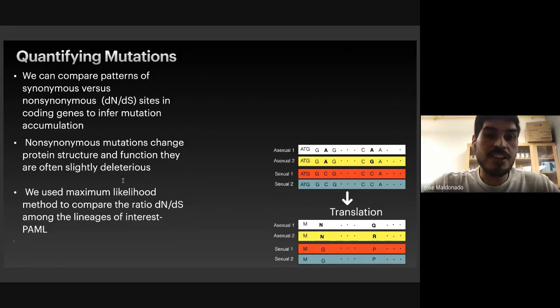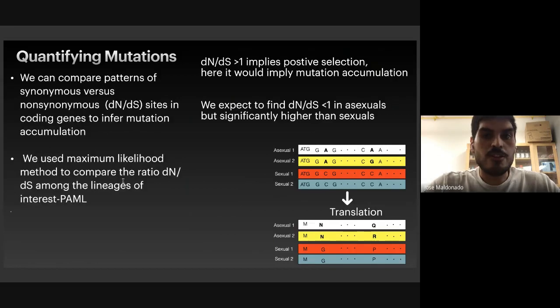So if selection is weakened within the asexual lineages, we should see a quick buildup of these types of mutations, but we shouldn't see them in the sexuals. And while a traditional dN/dS of greater than 1 would imply positive selection, here it would imply mutation accumulation. But given that, I wouldn't expect to find a dN/dS of greater than 1 within the asexual group, but the dN/dS should be higher than whatever the dN/dS of the sexual group is.